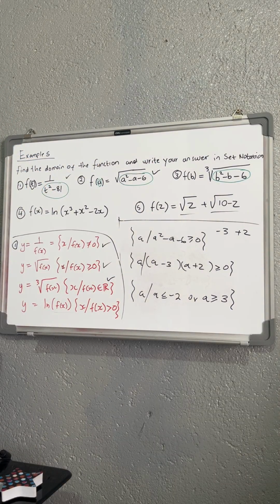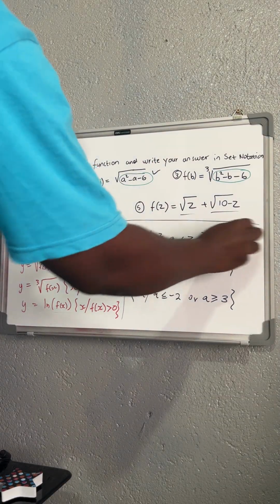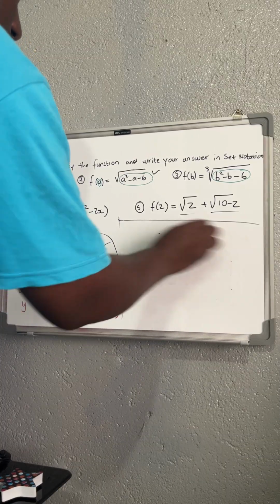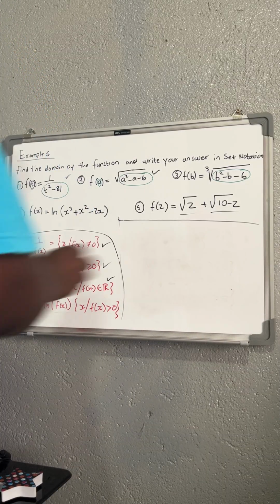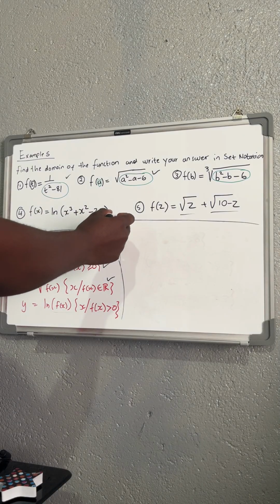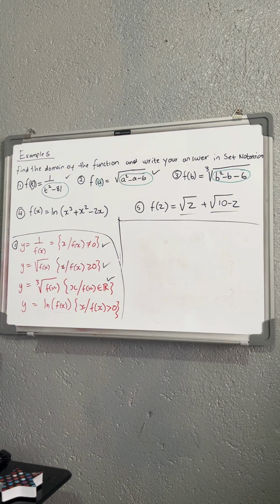So now we go to the third one. As I've explained, you basically don't have to write a lot because b, not x, you see I'm making the same mistake, b is an element of all real numbers.